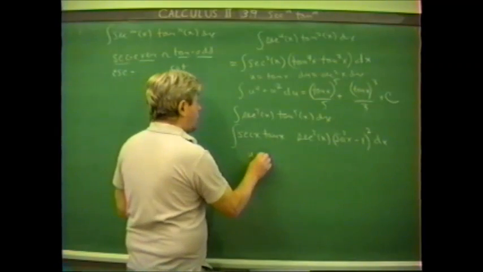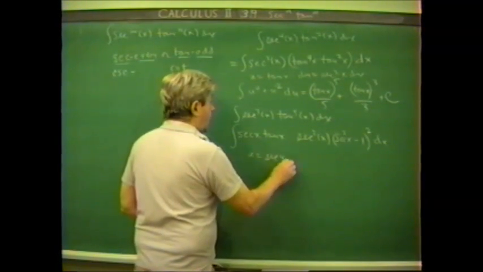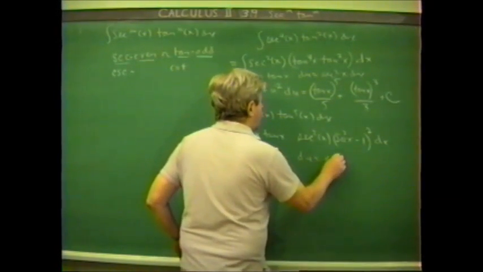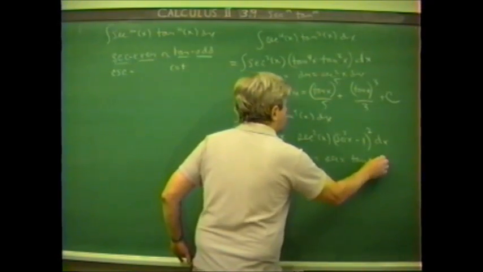And now we let u equal secant x. du is secant x tangent x dx.